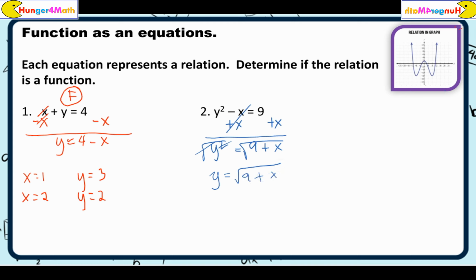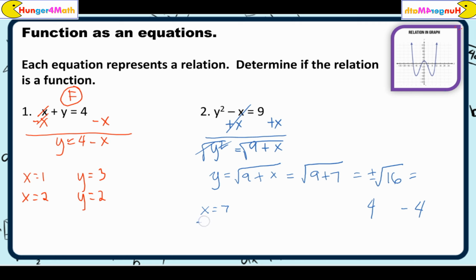Now let's test this equation. Let's say x is equal to 7. So let's substitute it here. That will be the square root of 9 plus 7, which is equal to positive or negative square root of 16. And remember, if we take the square root of 16, the possible answers are positive 4 and negative 4, because positive 4 times positive 4 is 16, and negative 4 times negative 4 is positive 16.